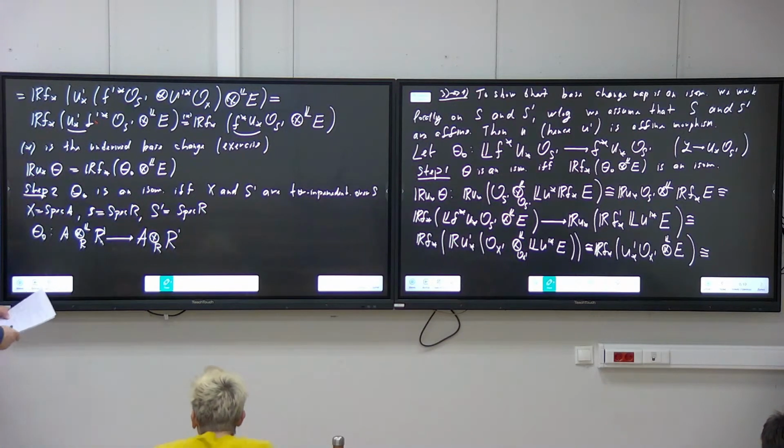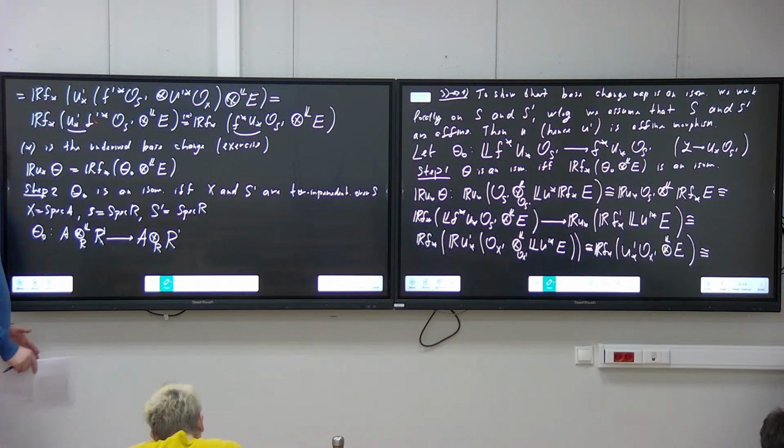That's the local computation in commutative algebra. This is an isomorphism precisely when there are no higher Tors. So the condition that theta 0 is an isomorphism is clearly the same condition as Tor independence if you do the computation locally. And this finishes the proof that 3 implies 1.